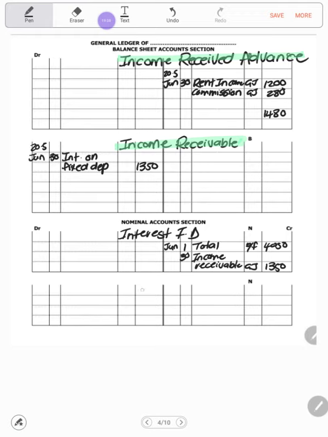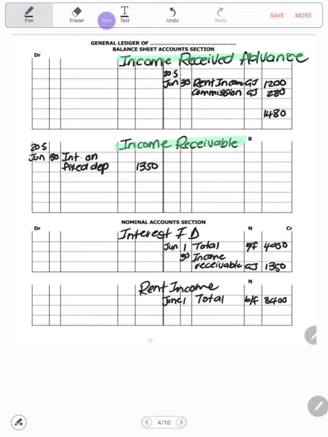Moving on to your next one, your rent income. What do I do with incomes? I credit incomes. We had a total brought forward of 8,400. Okay, and then we received income in advance.